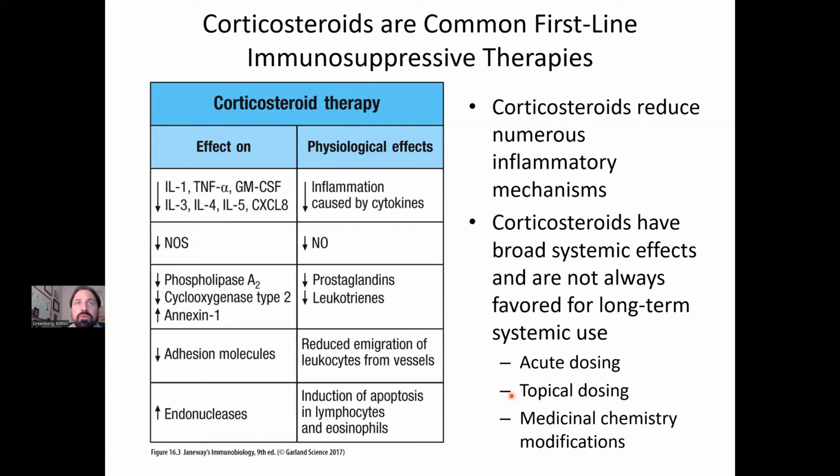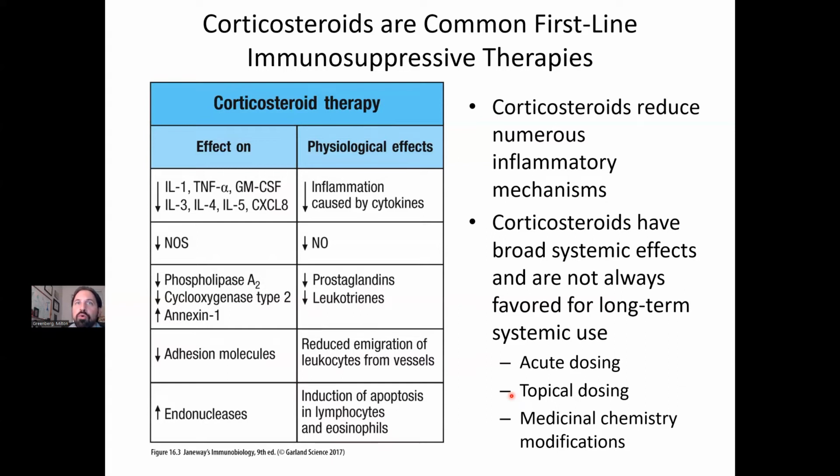Even in certain inflammatory bowel disorders, you might have a particular corticosteroid called budesonide. Budesonide has a certain metabolic trick built into it. So when it's taken orally, it's rapidly metabolized by the liver.